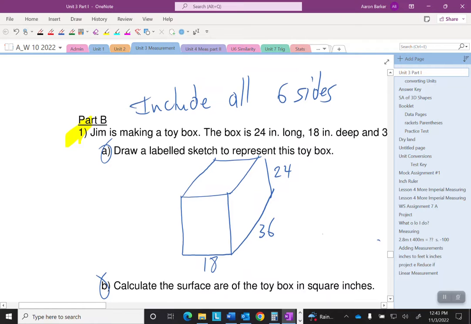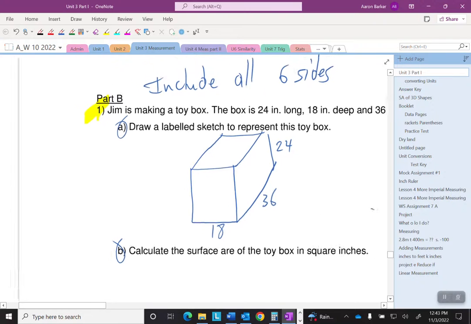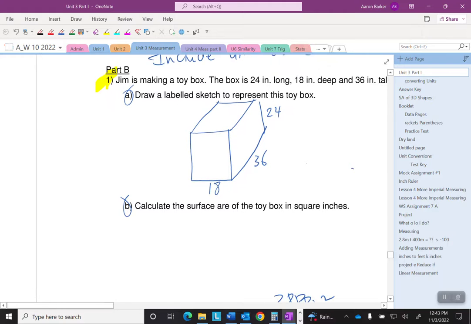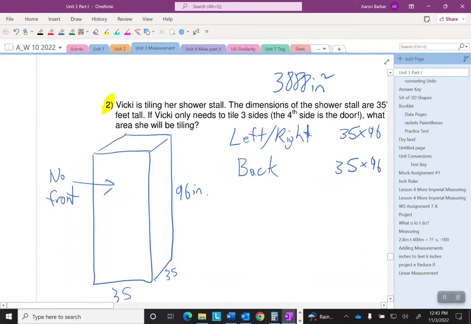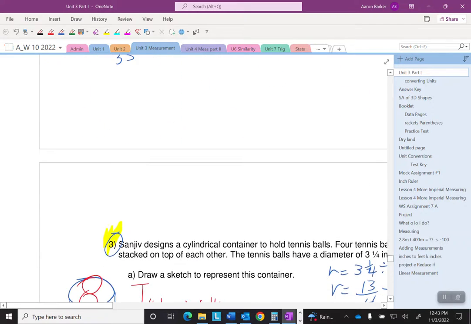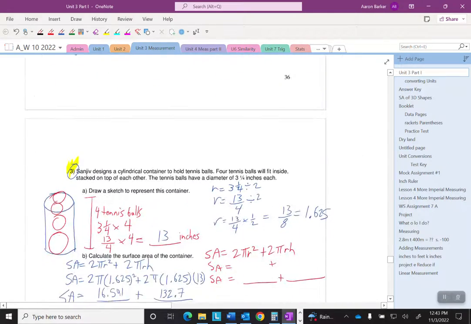All right, the great P break. Part B, number 1. So part B, number 1, the toy box. So it's A and B, and then number 2. Okay. And then the next page, number 3.